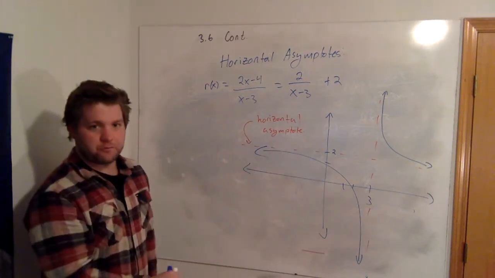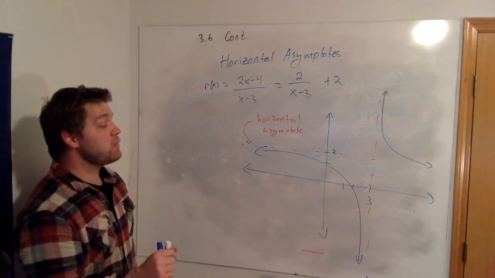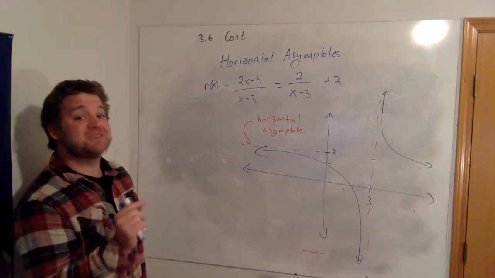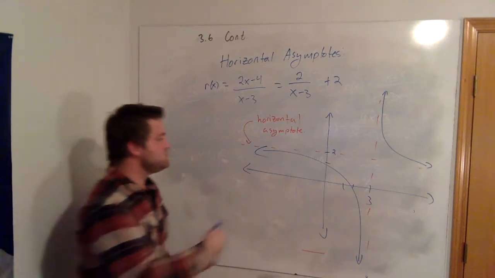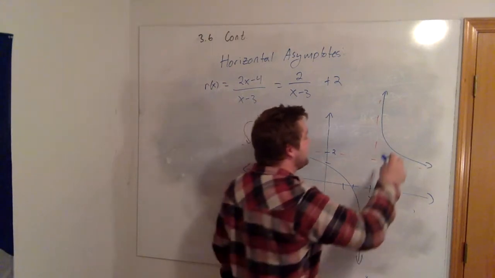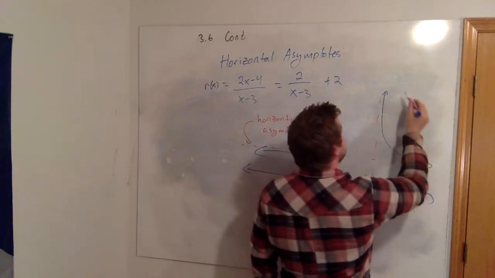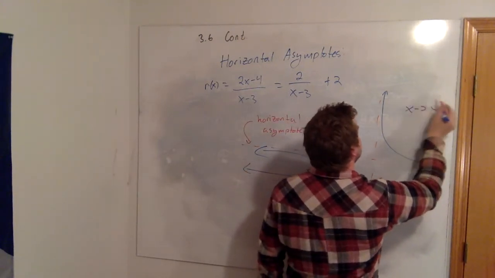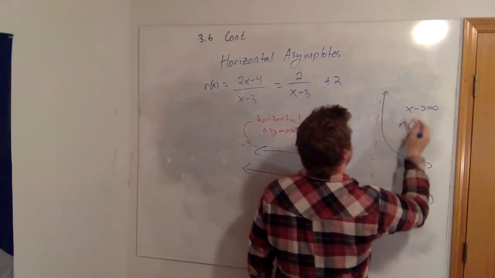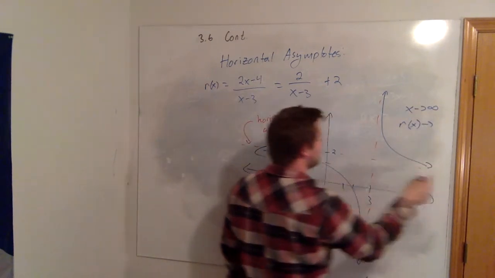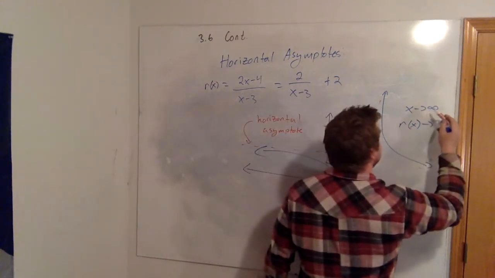So when we're looking at this horizontal asymptote, how are we going to look for it? Well, notice that what the horizontal asymptote is really telling us about a function is its end behavior. Notice for this example, as x is getting really large, the outputs of the function are getting arbitrarily close to 2.